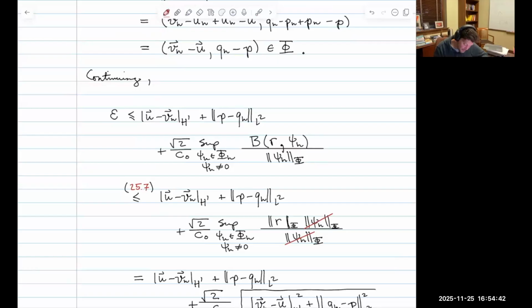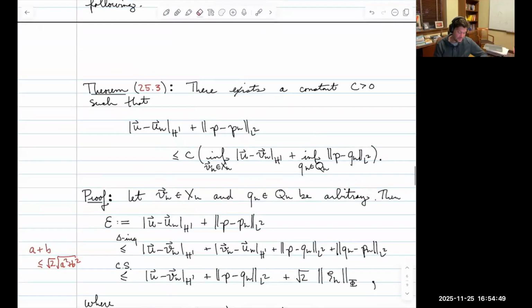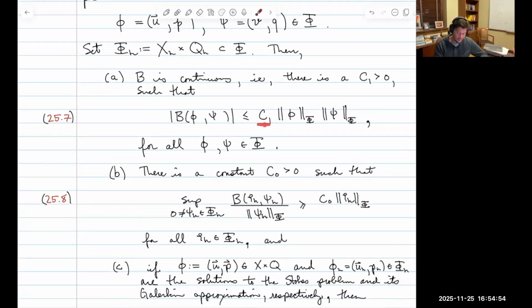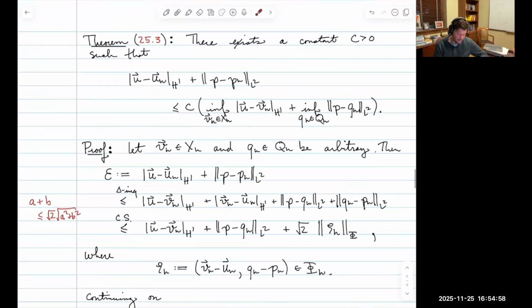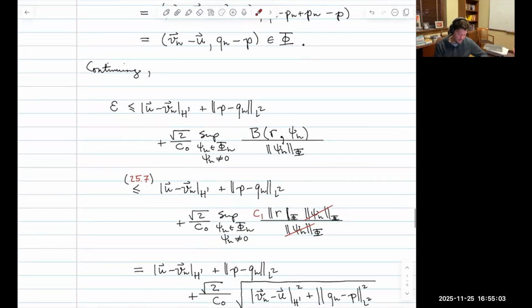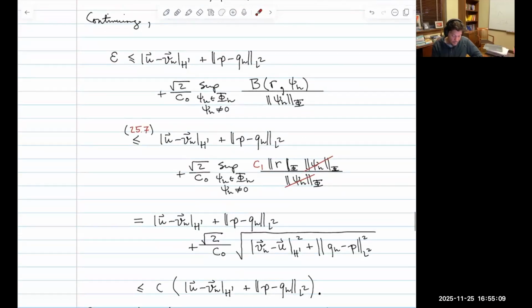So I'm missing a C1. When I apply that continuity, I have to use the continuity of the problem that was available to me, and it comes with a constant C1, 25.7. I forgot my C1. Now that's been rectified. It's back. When I use that continuity, I can cancel the two bottom terms, right?